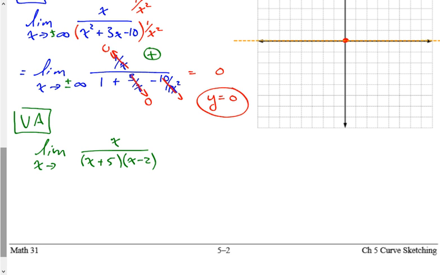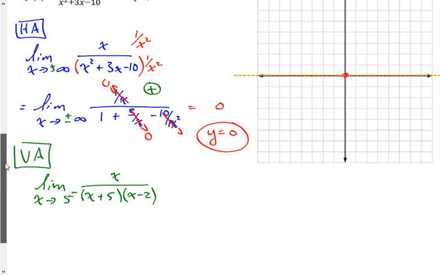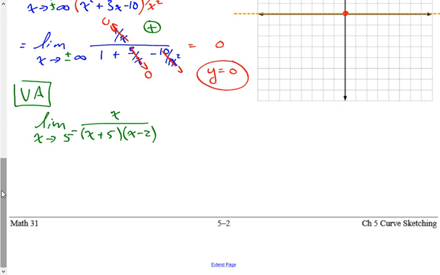So let's go with approaching 5 from the left. And then we'll do the limit as x approaches 5 from the right. Oh, negative 5. Good thing I left some space there.